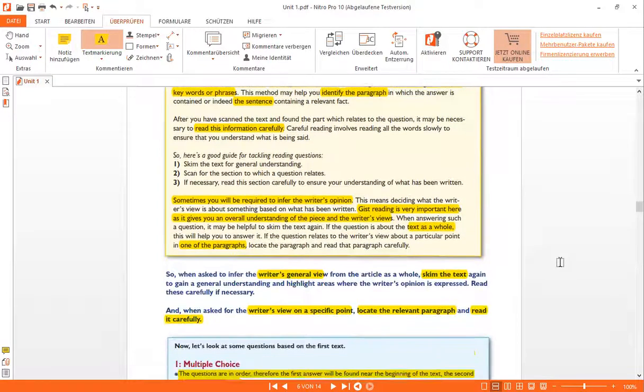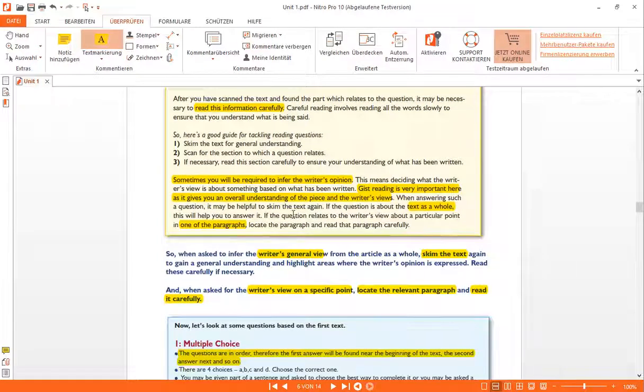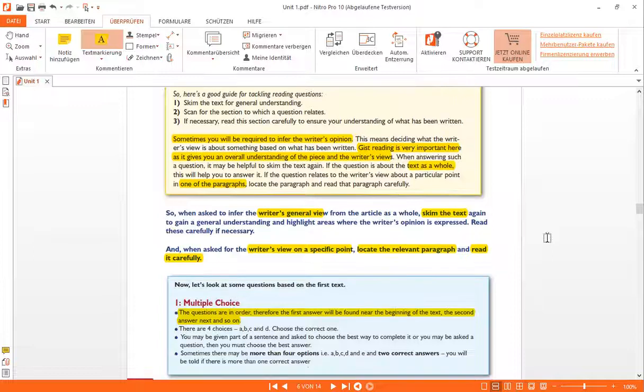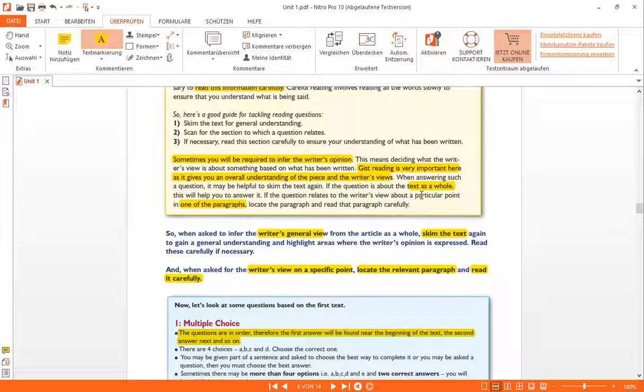Sometimes too, you've got questions that ask you for the writer's opinion. It's really important to know that the writer's opinion can either relate to the whole text or to just one paragraph. So just know exactly what the question says. Does it ask for the writer's opinion on a particular point?